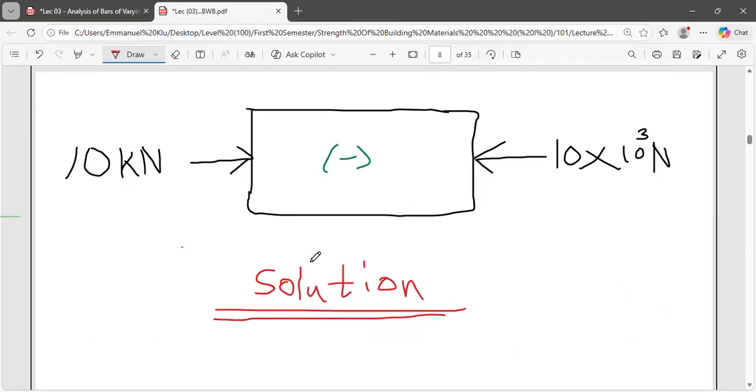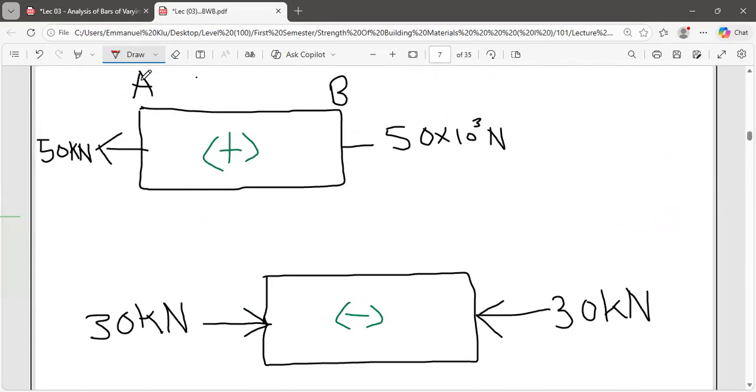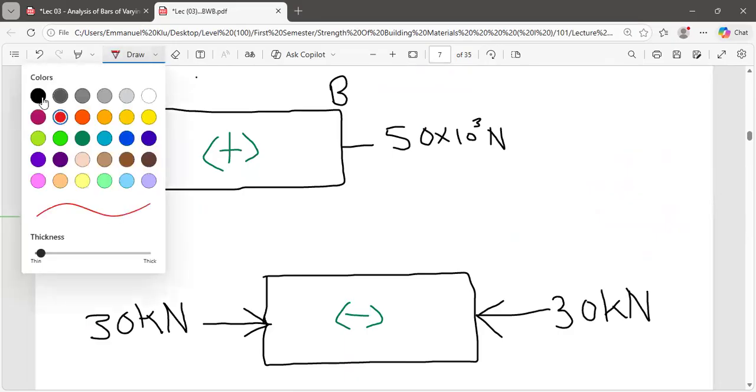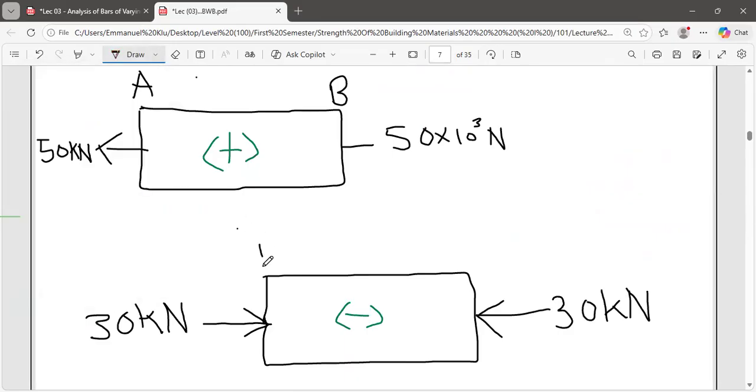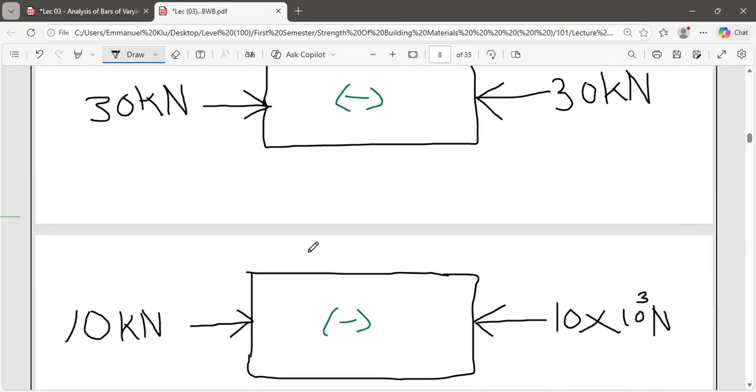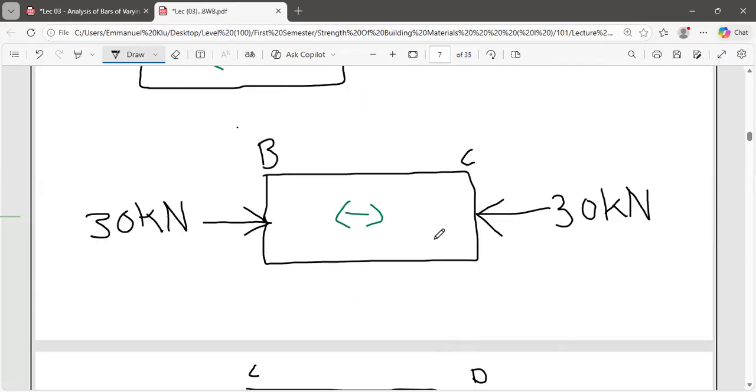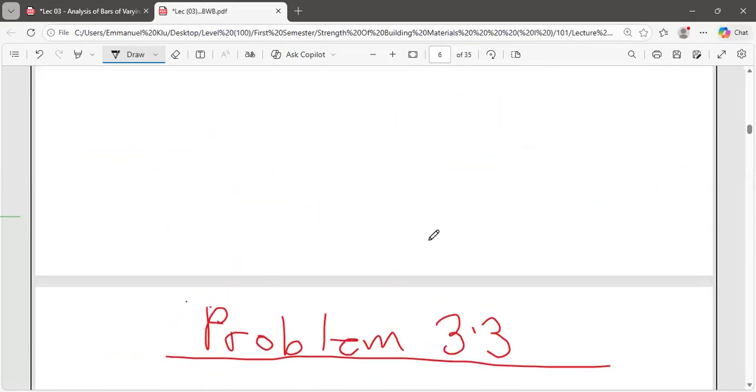But before that, let's calibrate it, okay, to avoid any kind of uncertainty. So this is BC, and this becomes our CD, so that it doesn't confuse you much.